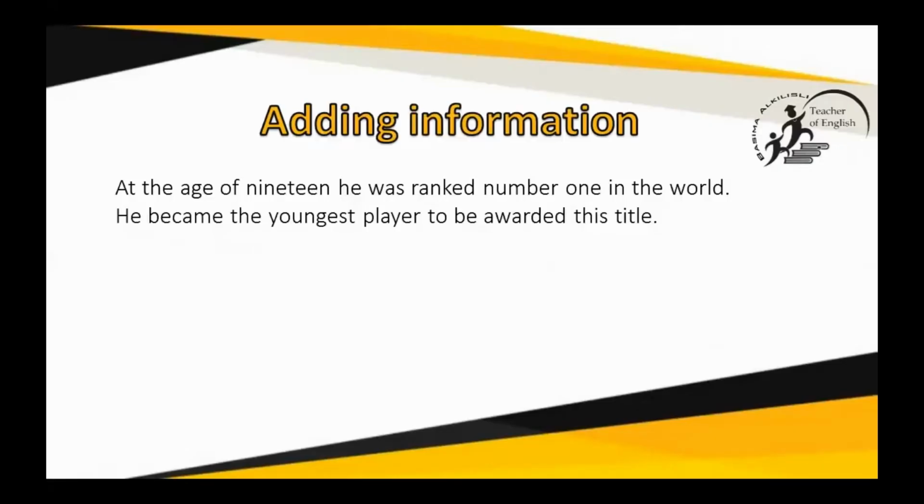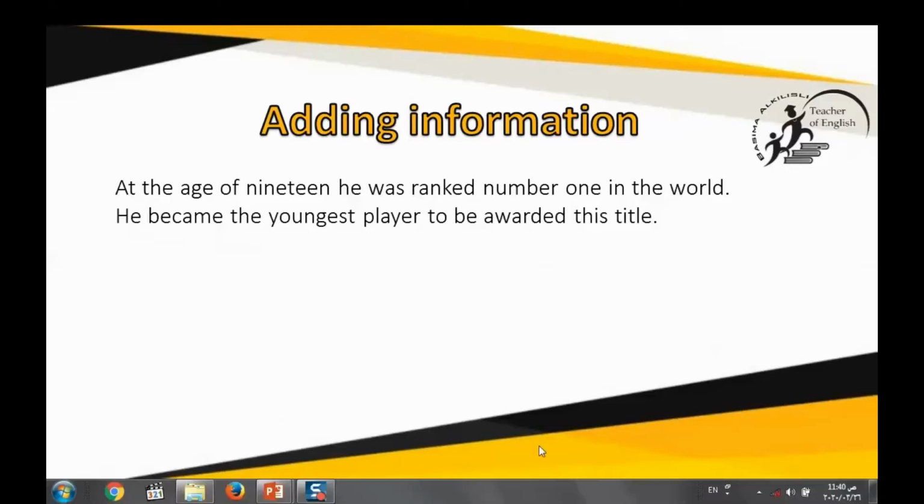Now let's read these two sentences. At the age of 19, he was ranked number 1 in the world. The second sentence, he became the youngest player to be awarded this title. As we have just said, the first sentence is the main sentence and it contains the most important information.